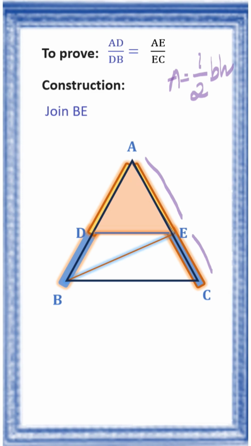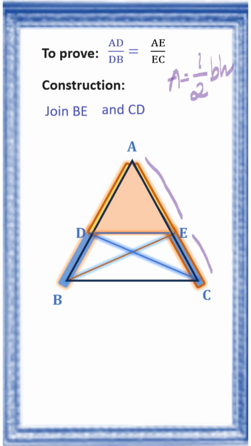With the bases DE and EC, DE and EC should be two sides of the triangle. So this triangle is CDE. So now join the points C and D. Okay, now we have triangle ADE and triangle CDE.